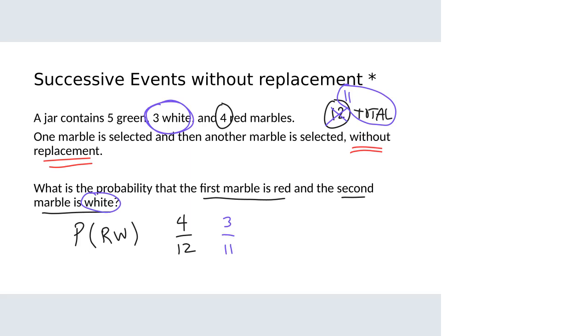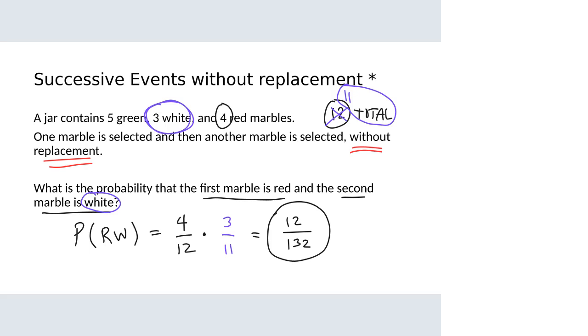So the probability of getting red on the first draw was 4 out of 12. Probability of getting white on the second draw was 3 out of 11. So the probability of red followed by white is what we get when we multiply those together. 4 times 3 is 12. 12 times 11 is 132. So the probability of getting red followed by white this way is 12 out of 132.